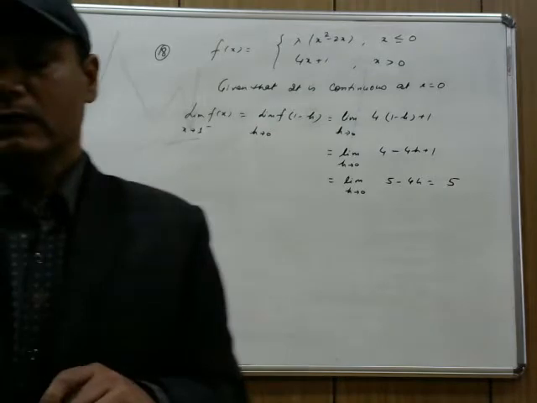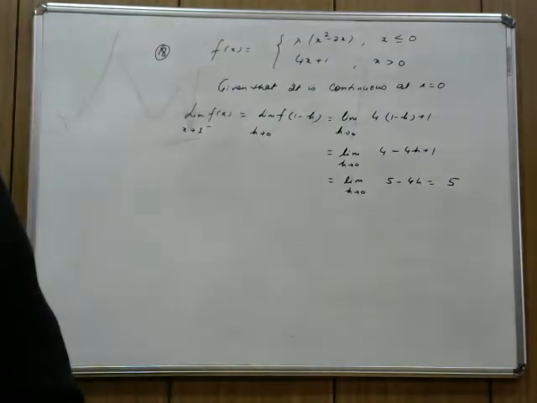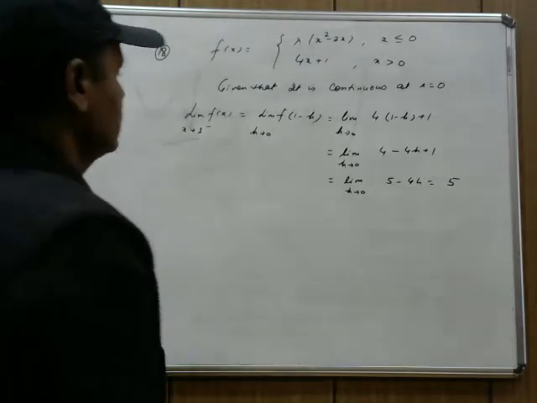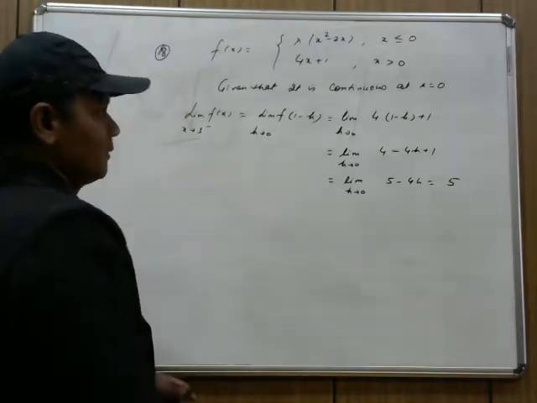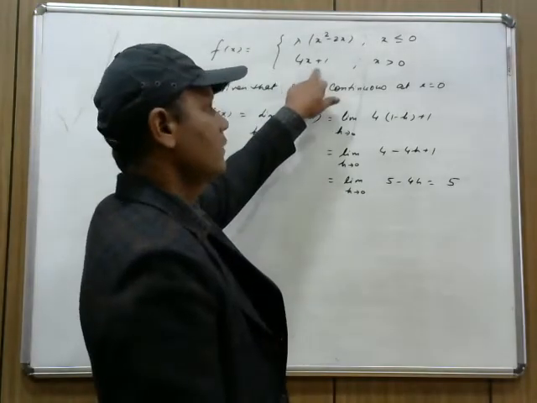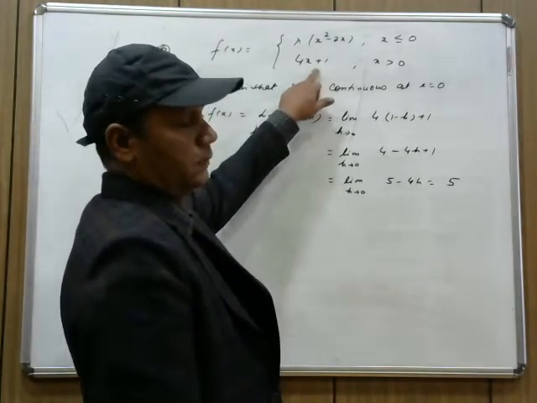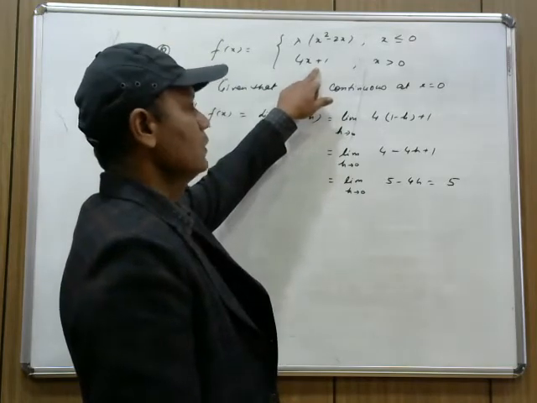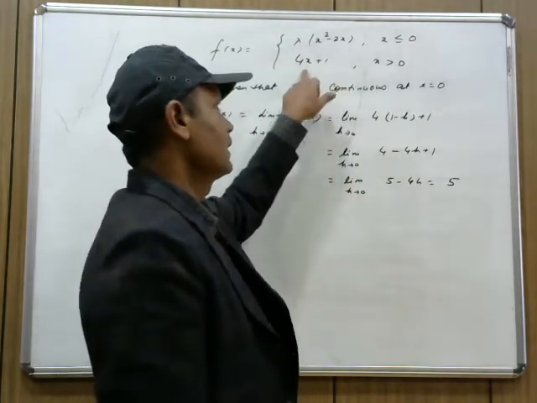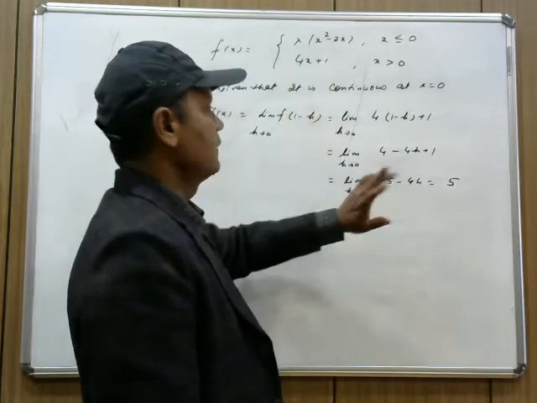Now 1 minus, that means the left hand limit is 5, right? And now the right hand limit, if you have to find out, 1 plus also will have the same thing, 5. For 1 plus, x greater than 0, we'll apply the same thing, we'll get 5 only.